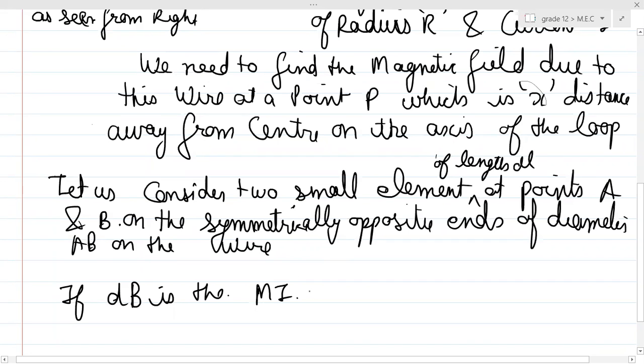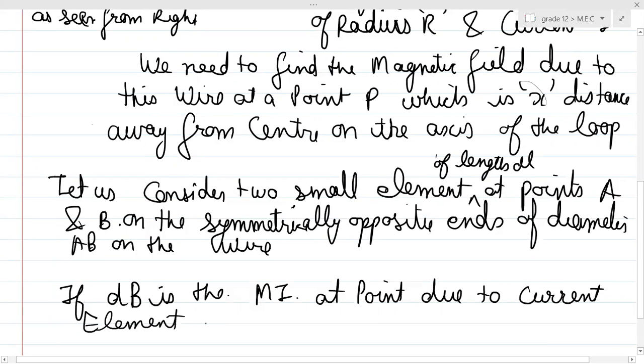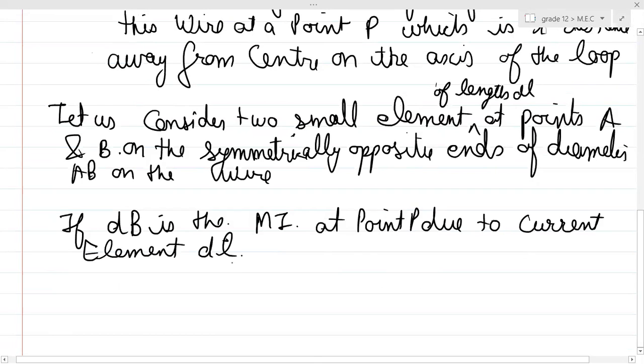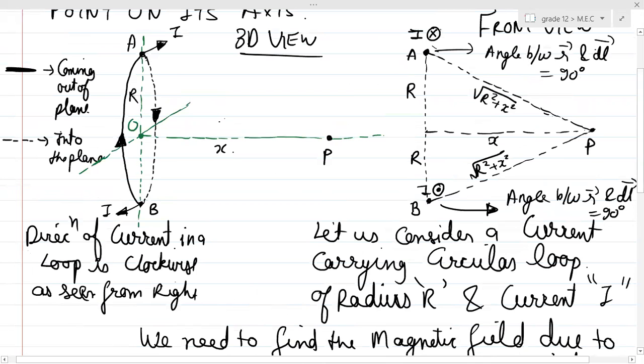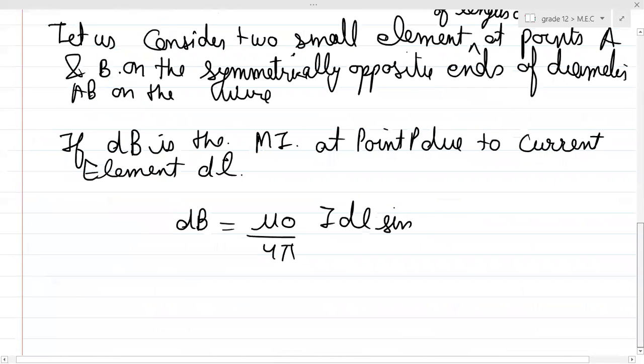So if dB is the magnetic induction or magnetic field intensity at the point P due to the current element dl, so can I write dB is equal to mu naught by 4 pi into I dl sine theta? Can anyone tell me what is the angle between the position vector and the current? 90 degrees.